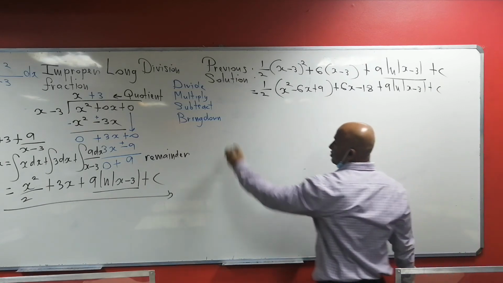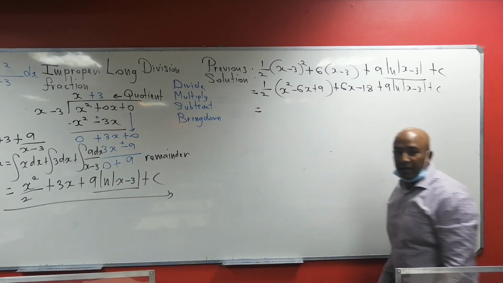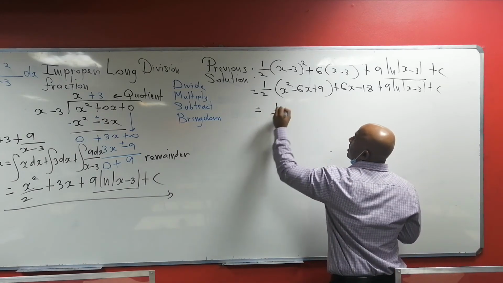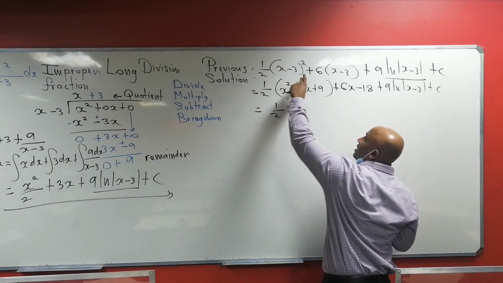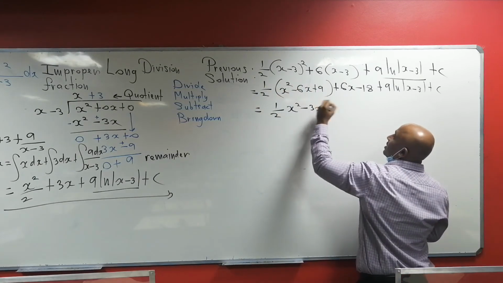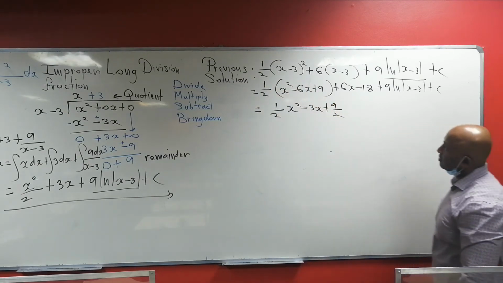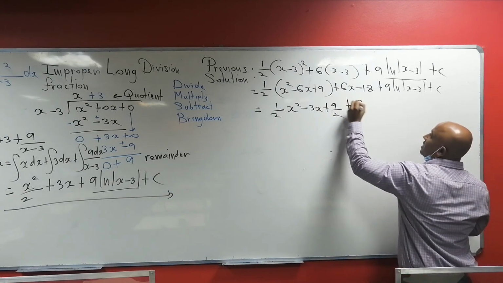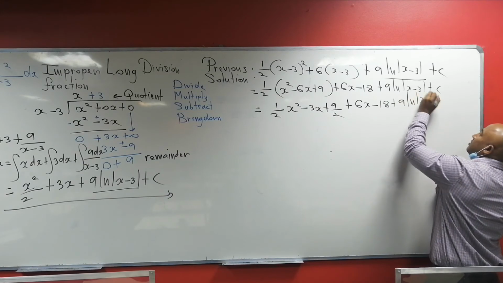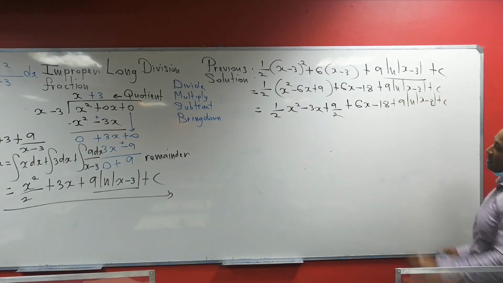Now I'm going to remove the brackets. So half times x squared is half x squared. Half of negative 6 is negative 3. And half times 9 is 9 over 2. Plus 6x minus 18 plus 9 ln x minus 3 plus c.